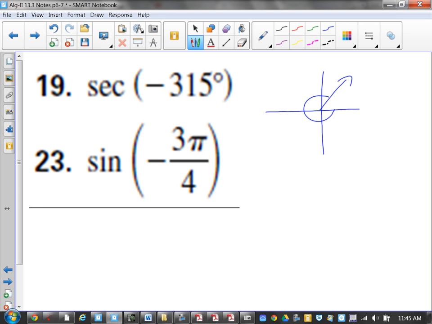What's your reference angle going to be? It's going to be 45. Secant is a cosine. Is cosine positive or negative in the first quadrant? Positive. The cosine of 45 degrees was 1 over root 2. The secant then would be root 2 over 1. So your answer here is? Root 2. Sweet.